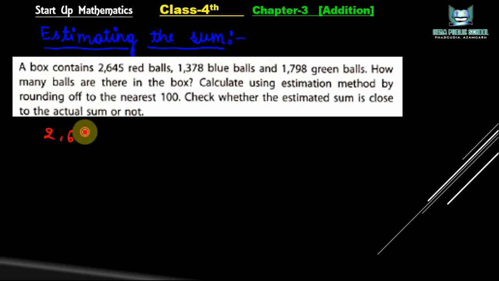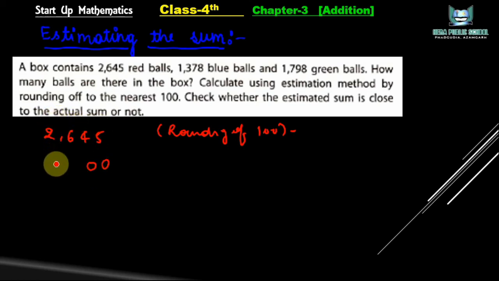2645. Rounding off nearest 100. Okay, so in 100 there are 2 zeros, and this is ones place, this is tens place, this is hundreds place, and this is thousand place.